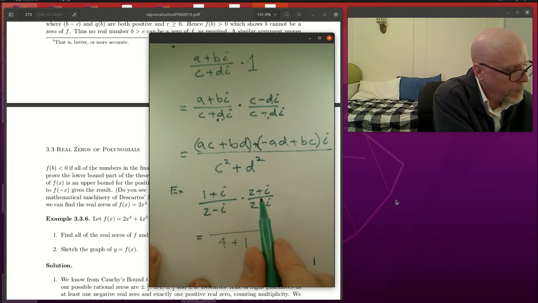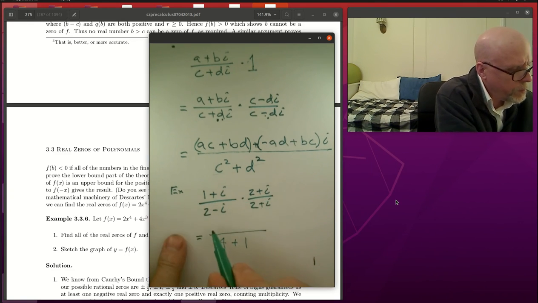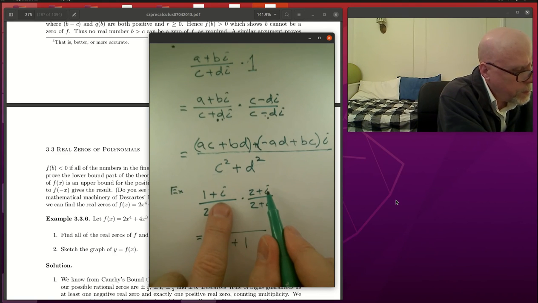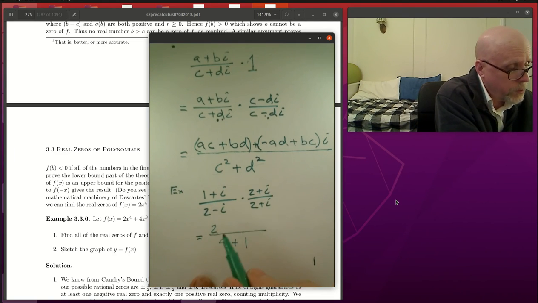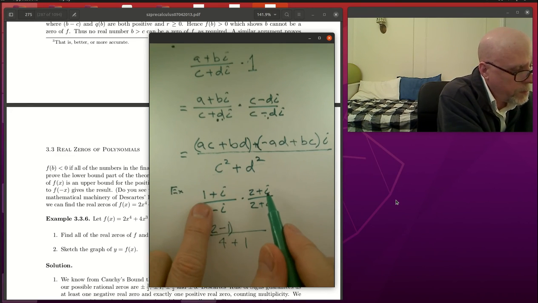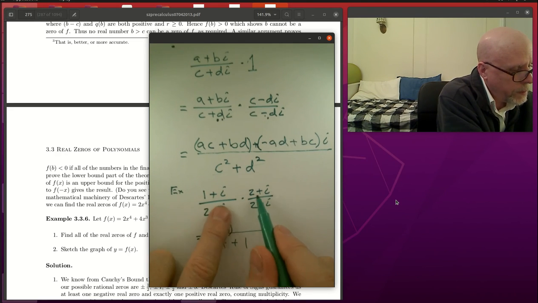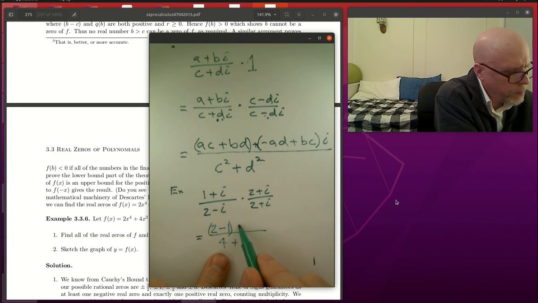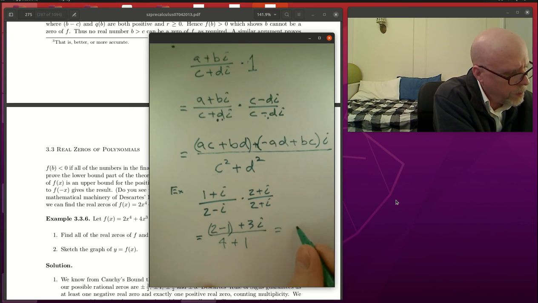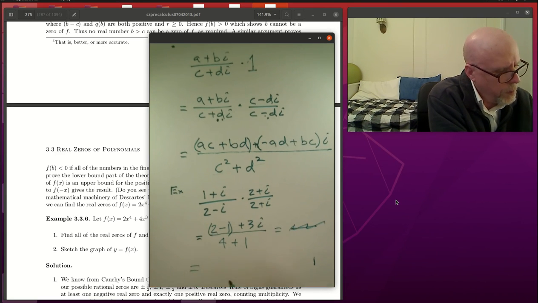And in the top, first times first is 2, last times last is minus 1, outer times outer is 1i, and inner times inner is 2i, so that's a total of 3i. So wait a minute, this is 1 plus 3i over 5.